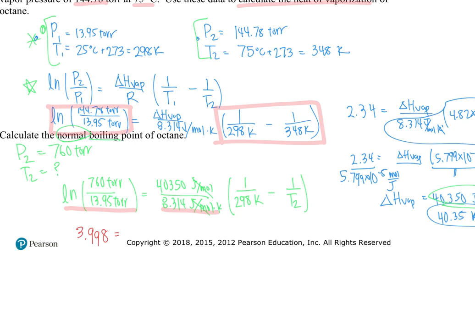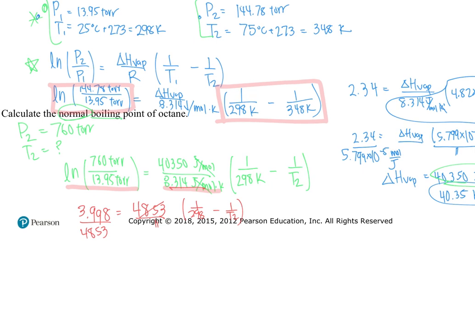And you get, for this part, 4853 times 1 over 298 minus 1 over T2. So now we can solve for T2 by dividing that over. We're going to divide 3.998 by 4853.